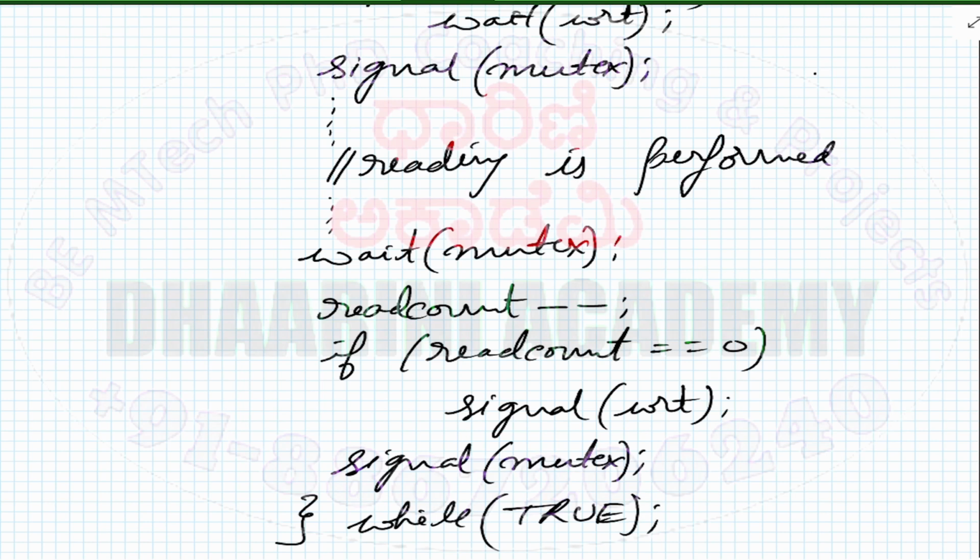So we can see in this code that the WRT is used by the first. It can be the first or it can be the last reader that enters or exits the critical section. Whichever writer enters or leaves the critical section will update the same thing.